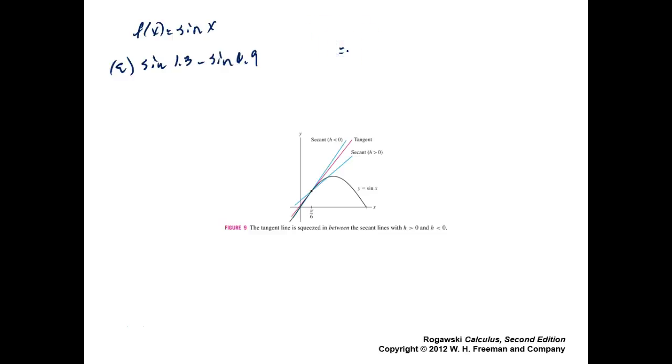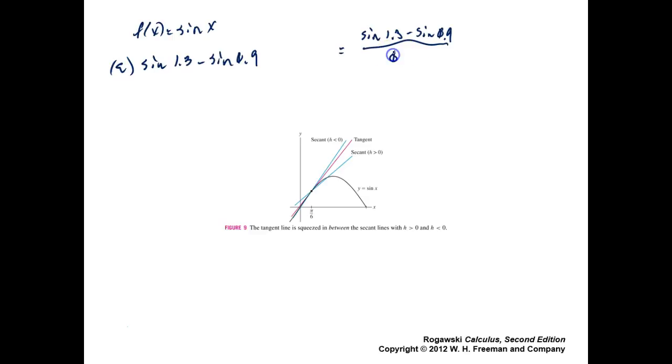I can't write down much without giving it away. The numerator here was sine of 1.3 minus sine of 0.9 over, what do you think would go underneath that? Wouldn't that be 1.3 minus 0.9?